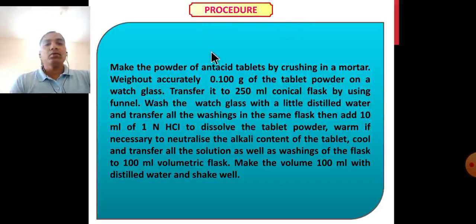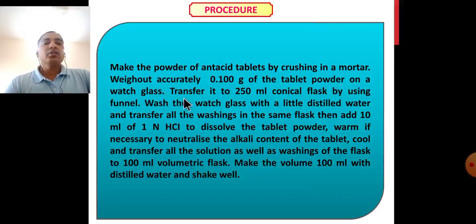Procedure for the preparation of antacid tablet solution: make the powder of the antacid tablet by crushing it in a mortar and pestle. Weigh out accurately 0.100 gram of the tablet powder on a watch glass.